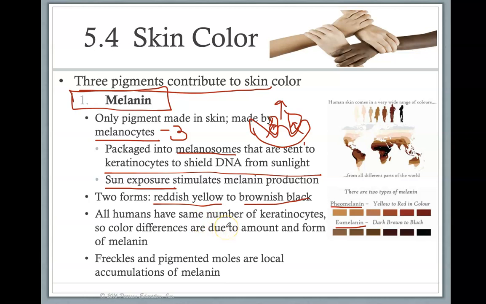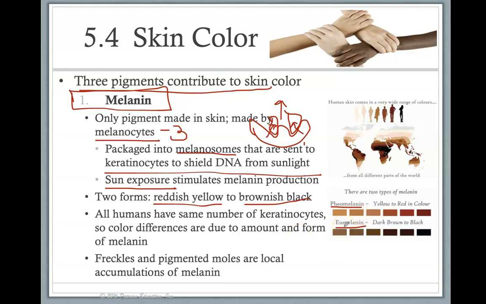Now, what's really interesting when you get into skin color is all humans have about the same number of keratinocytes and about the same number of melanocytes as well, right? So really interesting. We have the same number of melanocytes. But what's different, okay, is the amount and the form of melanin that's produced, okay?